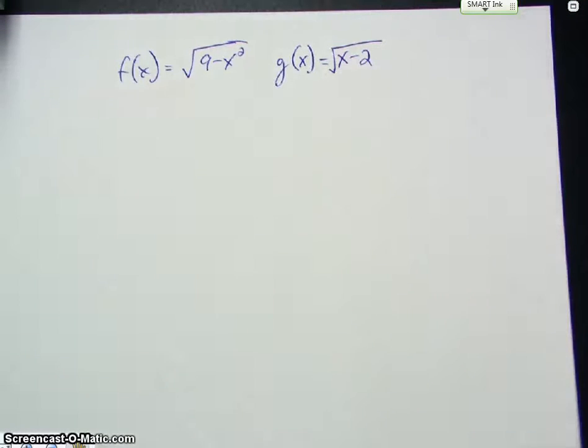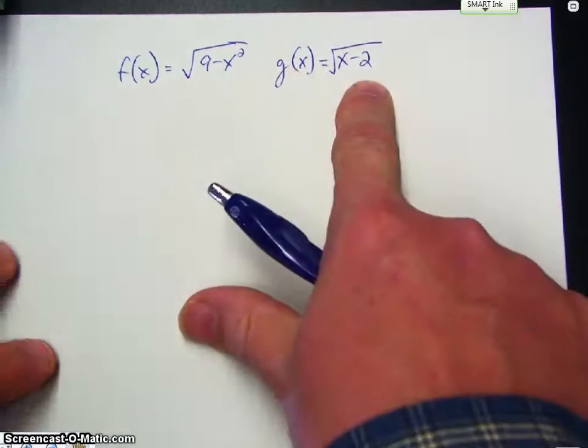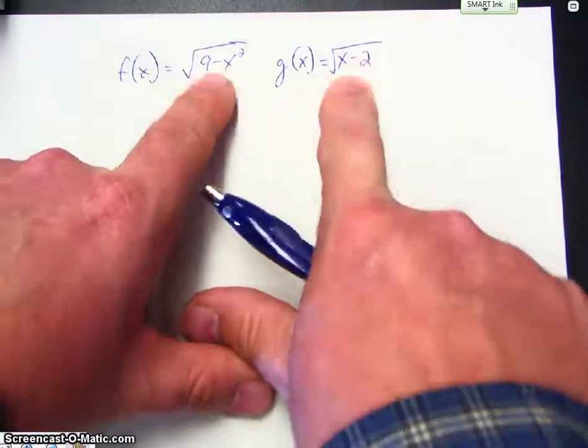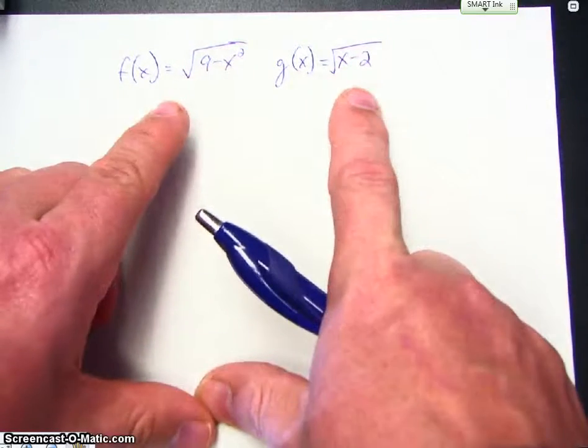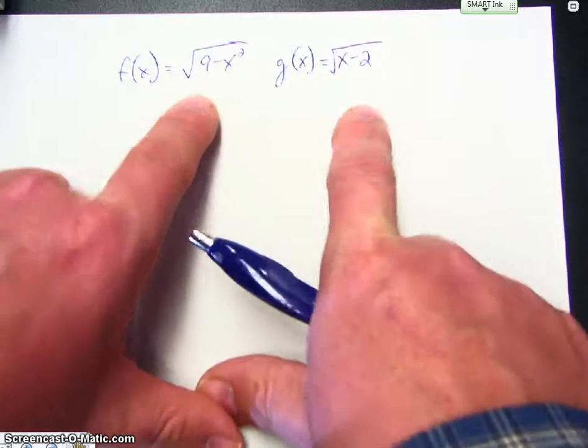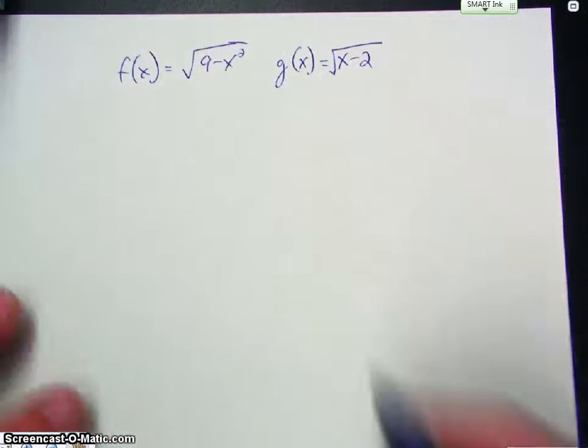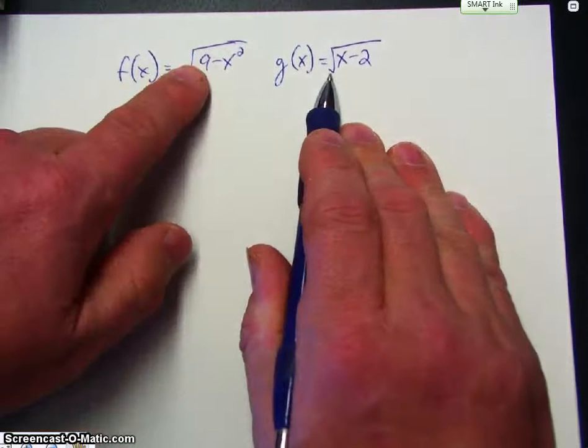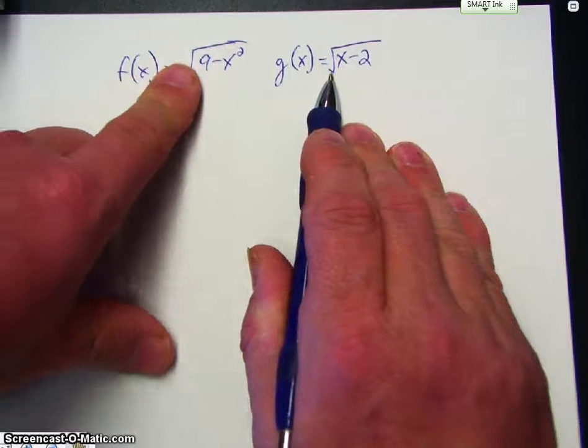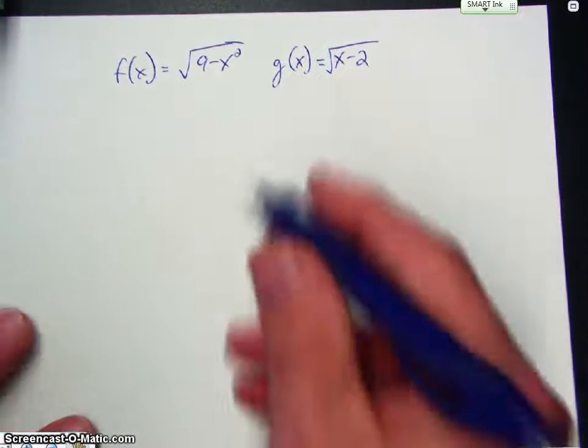If you notice here, I have radicals, and inside the radicals there are variables. So I know if I add these functions together, my new function will have radicals in it, plus my domain is going to have restrictions. That's just giving you a heads up on that.